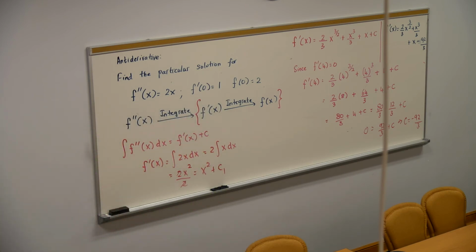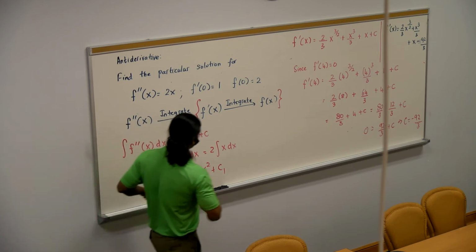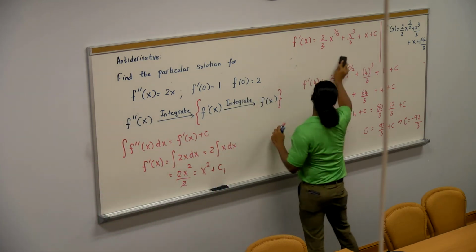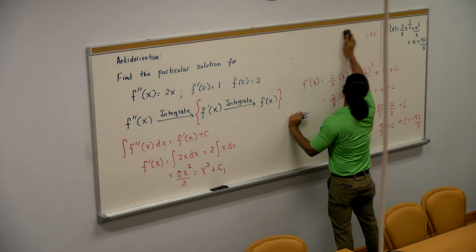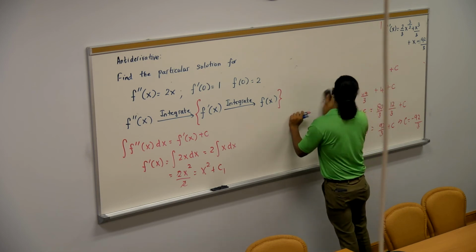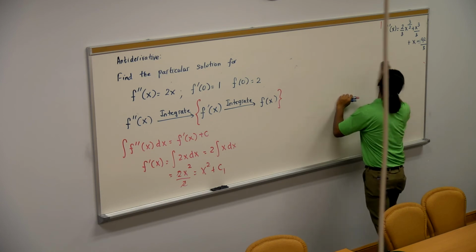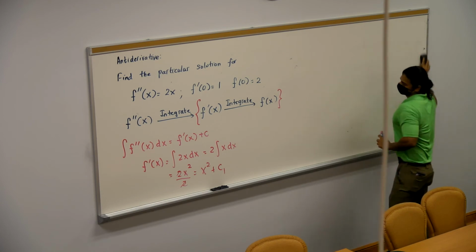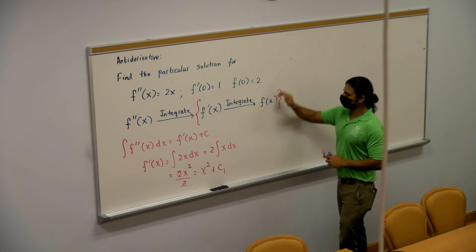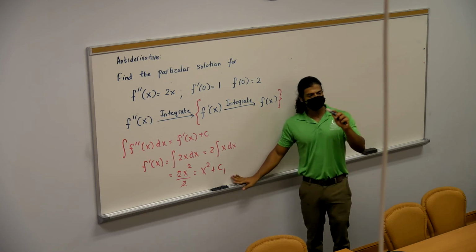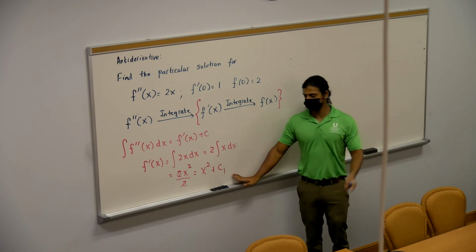Why am I calling it C1? Because I know that there are two constants, one in this step and one in the subsequent step. So we've got to solve for C1 first before we can move further.